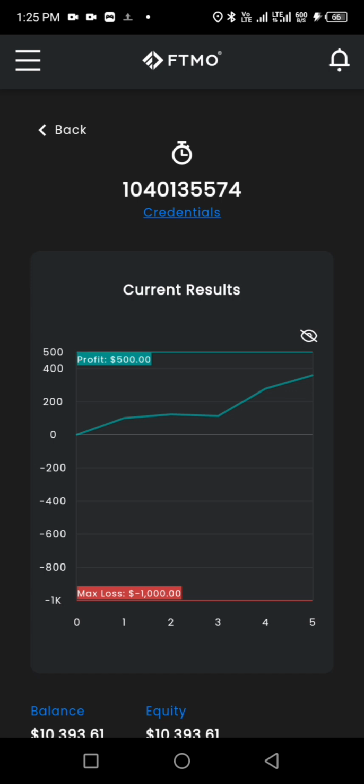So my current result here tells me that I have a $500 target to meet in 14 days. Actually, the free trial account lasts only for 14 days, so you ought to hit your target by the end of the 14th day. In this case, your target is $500, and you cannot lose more than $1,000 on this account because it's actually a $10,000 account.